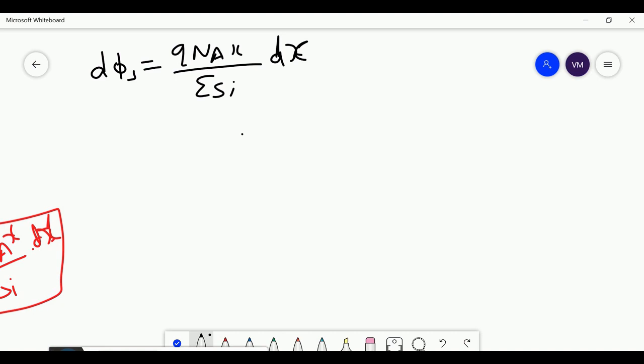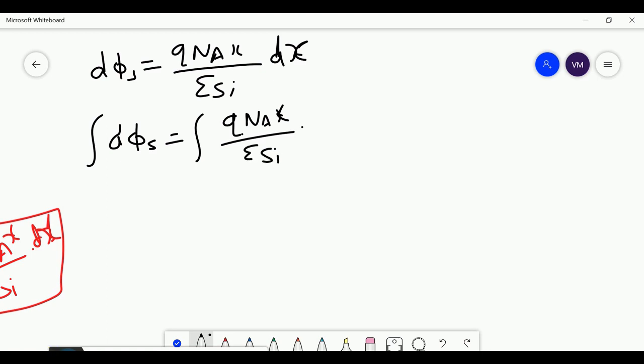Fine. So I'll integrate it. Integral of d phi s equals q na x upon epsilon si into dx. So let us decide the limits of the integration.